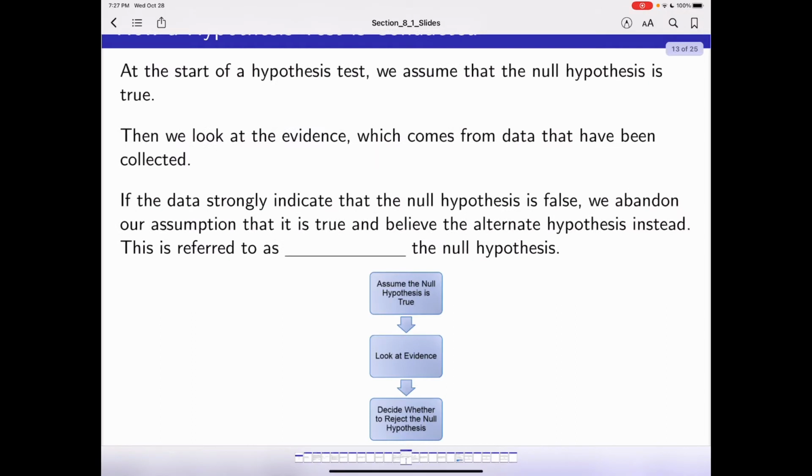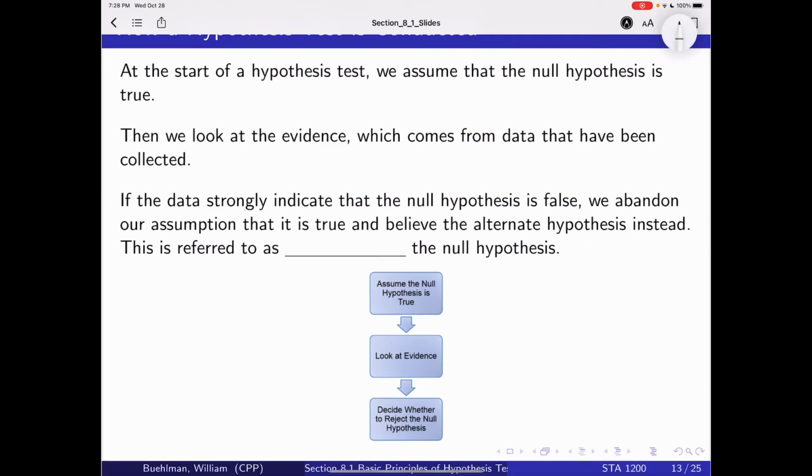At the start of a hypothesis test, we assume that the null hypothesis is true. Then we look at the evidence which comes from data that have been collected. If the data strongly indicates the null hypothesis is false, we abandon our assumption that it is true and believe that the alternative hypothesis is correct.